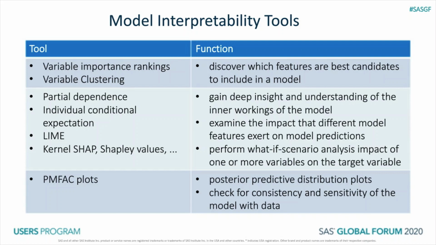These allow you to gain deeper insight into the inner workings of black box models. They can be used to examine the impact that different model features exert on model predictions. And we can also use them to do what-if scenario analysis, looking at the impact of one or more variables on the target variable.